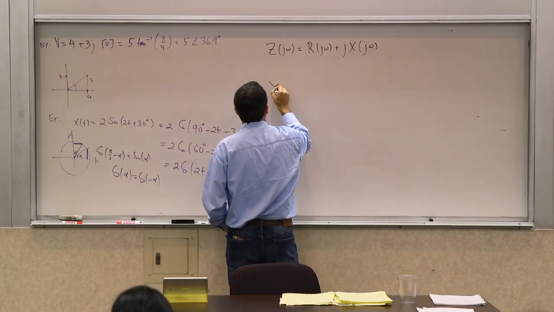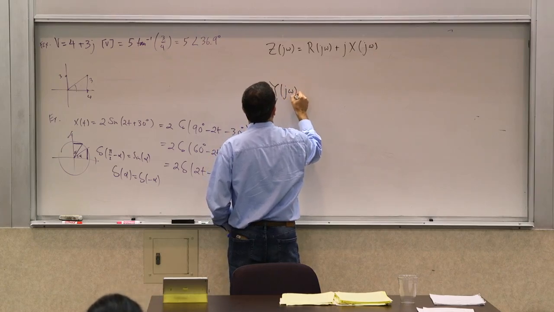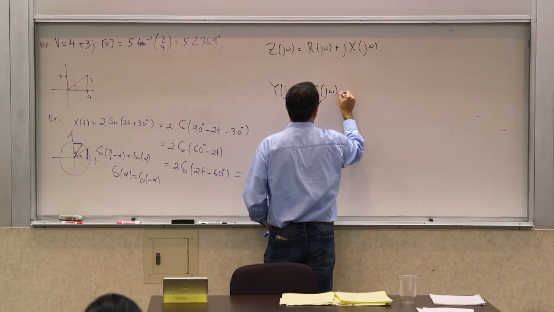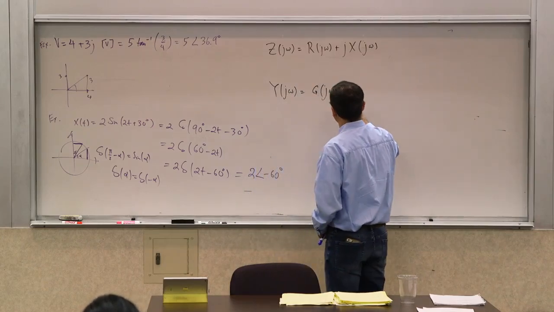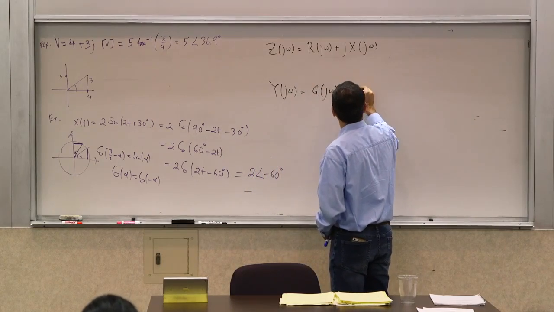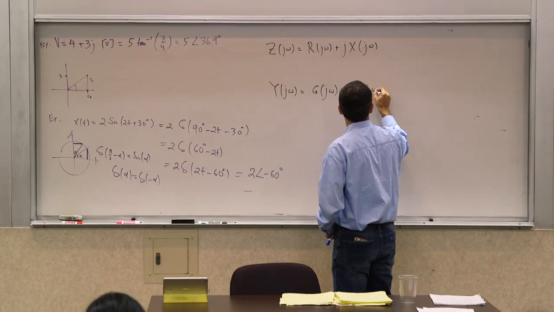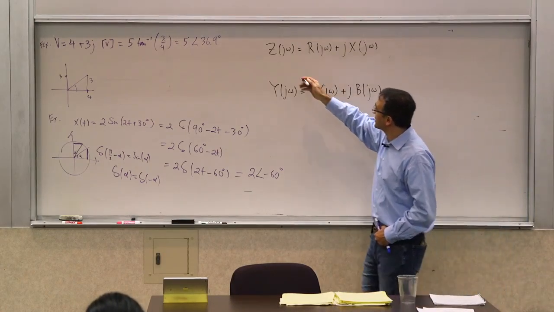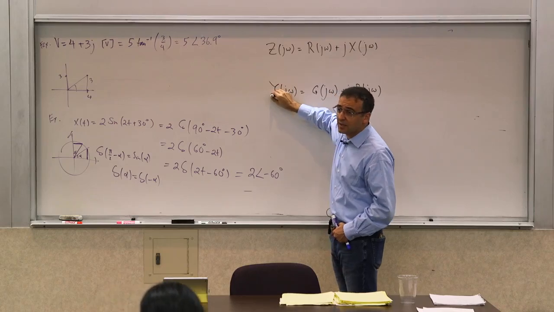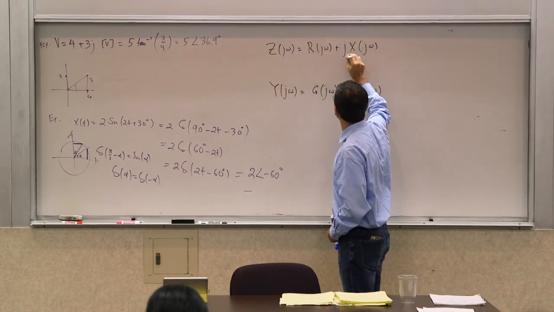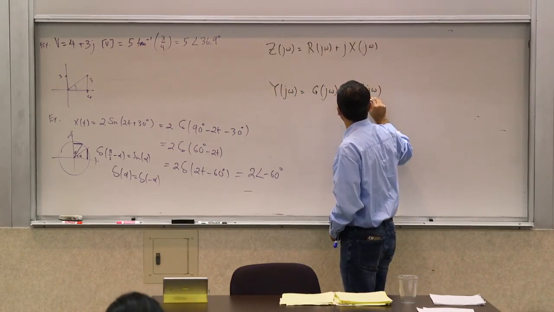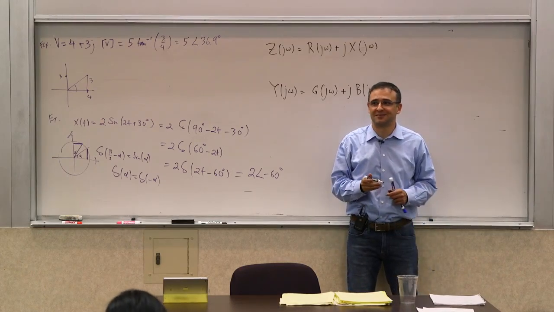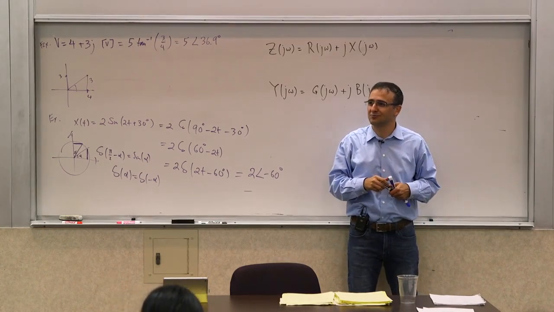Likewise, if I have an admittance, I can write it as a conductance G of j omega plus a B of j omega. So we really have 6 quantities here, 2 complex quantities, Z and Y, and 4 real quantities, R, X, G, and B. And they have 6 different names to make your life easier.